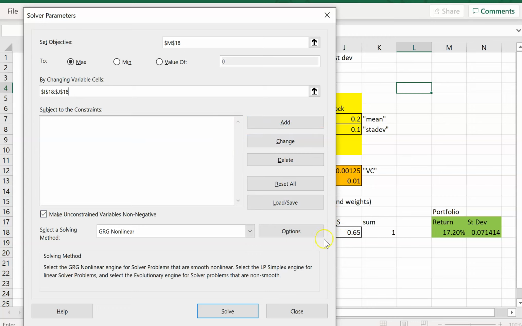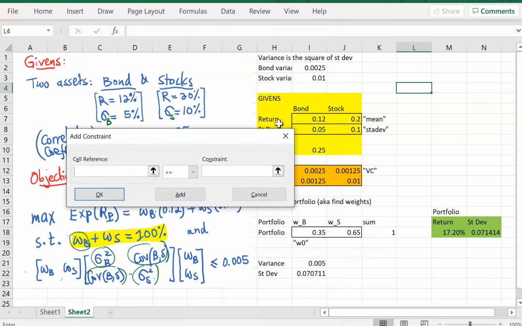The constraints are that the sum of the stock and bonds should add up to 1. Let's quickly add that constraint first. So the reference cell is that sum, which should be less than or equal to 1. Or if you want, you can say exactly equal to 1, right? So that makes sense, equal to 1. So this number should always be equal to 1. Say OK.